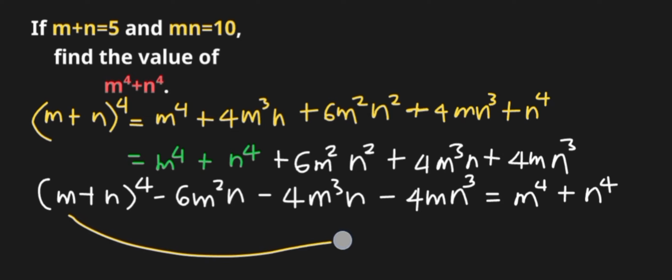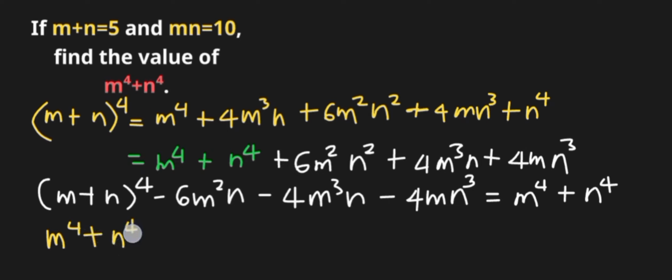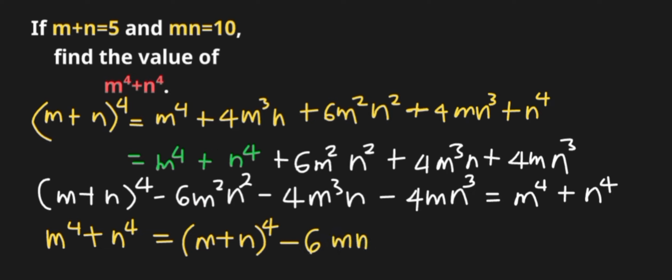The expressions on the left still do not look much like what we were given in the question, m plus n and mn, but we're going to work our way through that. We could also switch sides, m raised to power 4 plus n raised to power 4, then m plus n raised to power 4, that is already in the form of m plus n as a power, the fourth power of it. As for m squared n squared, we could express that as mn all squared.